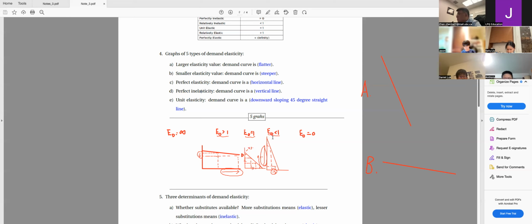How about the last one? After you have done these three graphs, you can see a pattern. Moving from left-hand side to right-hand side, the elasticity value decreases, and finally the smallest value of ED is 0.